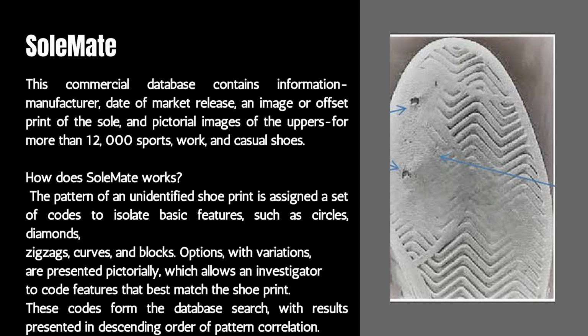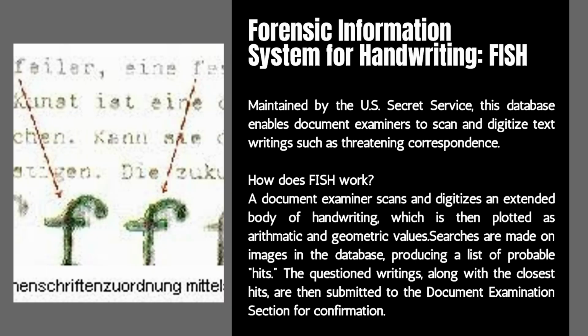The pattern of an unidentified shoe print is assigned a set of codes to isolate basic features such as circles, diamonds, zigzags, curves, and blocks. Options with variations are presented pictorially, which allows an investigator to code features that best match the shoe print. These codes form the database search, with results presented in descending order of pattern correlation.